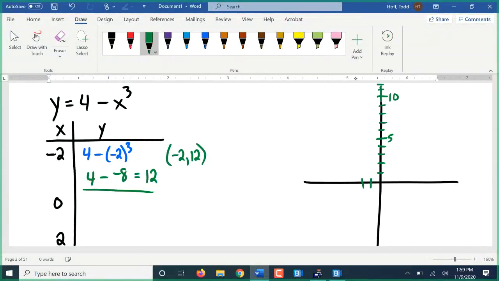So we get a point somewhere right about there. X is 0. Y equals 4 minus 0 to the third power. That's just 4. So the ordered pair is 0, 4. 0, 4 is right there.